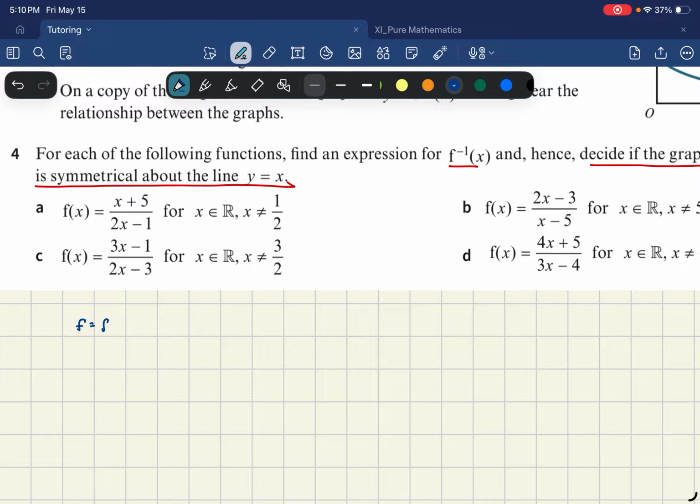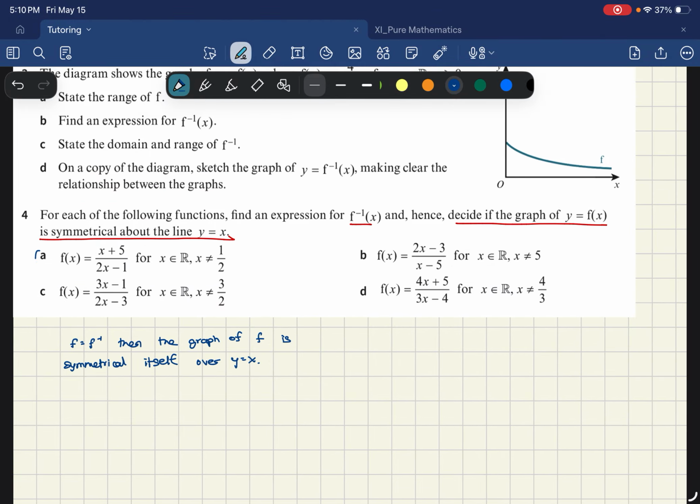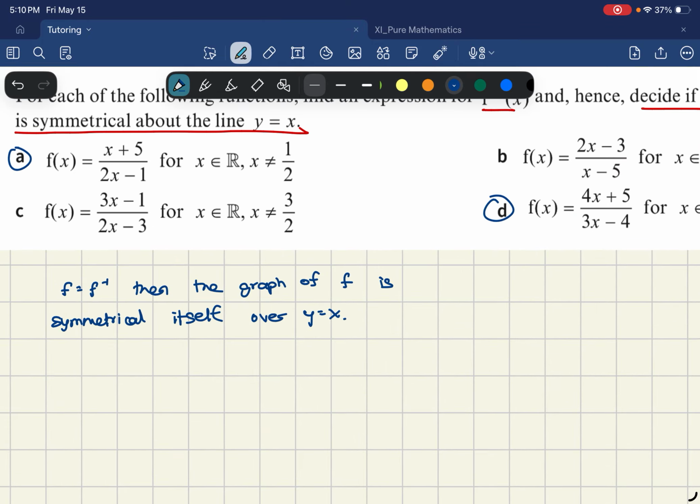If f is equal to f inverse, then the graph of f is symmetrical, or a reflection of itself over y is equal to x, right? So we just need to check for self-inverses. So I'll check A and D for you, and I'll leave B and C for you.